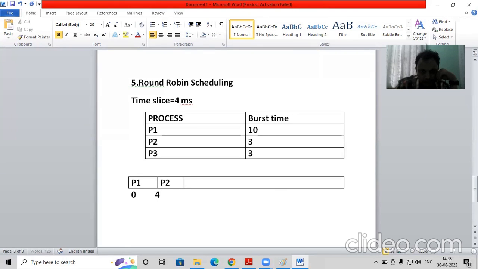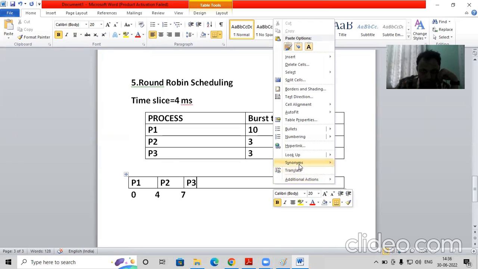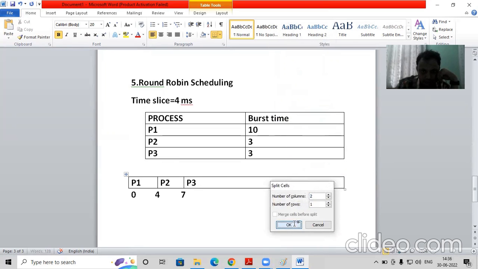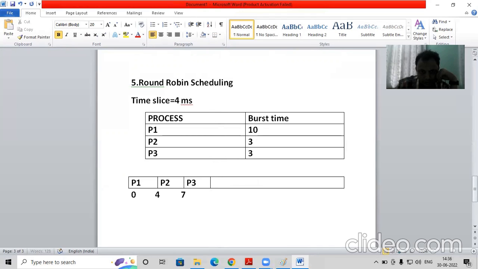So it will execute and finish its job. 4 plus 3 means 7. Next P3 can also finish its execution within this time slice. P3 needs 3 milliseconds, so 7 plus 3 is 10 milliseconds.